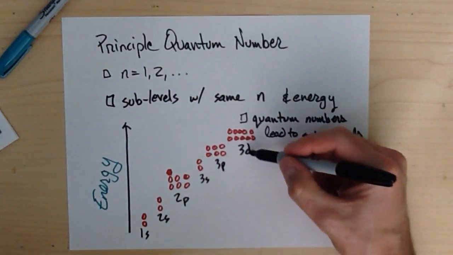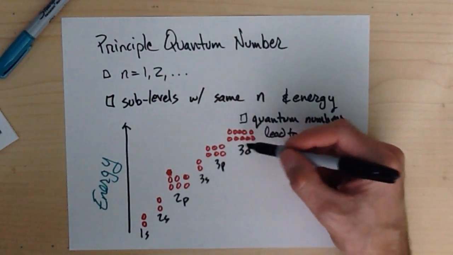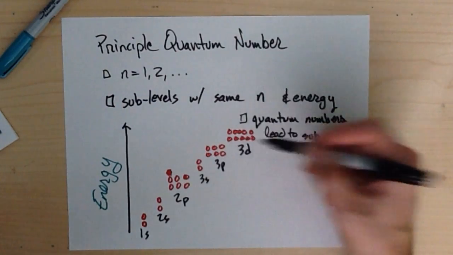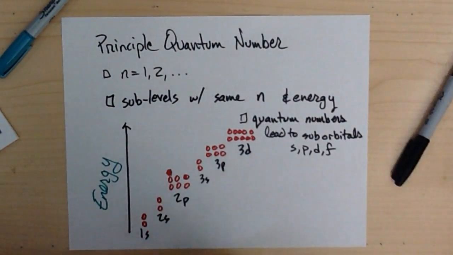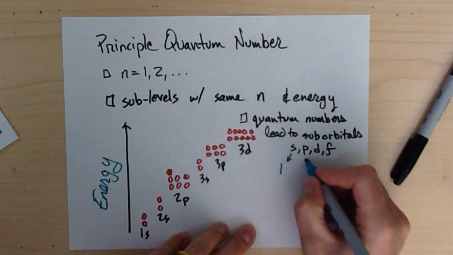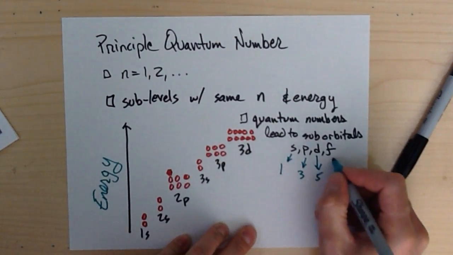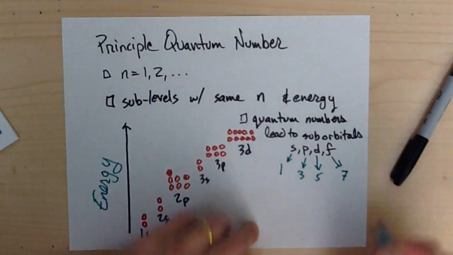And then each d orbital has 5 suborbitals with 2 electrons in each. All right, so what that all means is that this basically leads to 1 orbital, this leads to 3, these guys lead to 5, and this leads to 7.